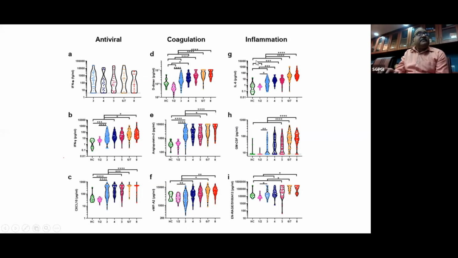And when they looked at some of the inflammatory markers like IL-6, GM-CSF, and basically your RAGE proteins, it can be seen that levels keep on increasing with the severity of the disease, especially of IL-6 and GM-CSF. So coagulation and inflammatory markers are going almost in concordance with each other.